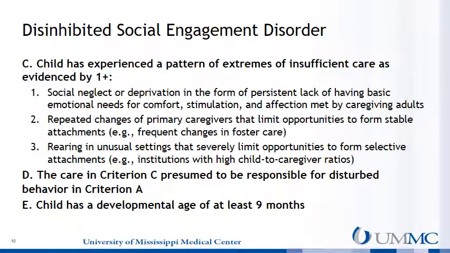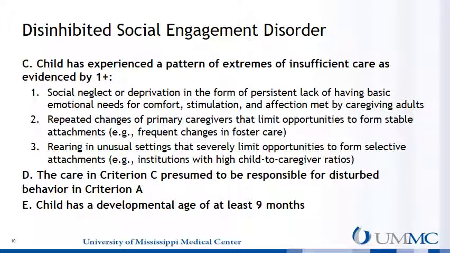Now, similar to reactive attachment disorder, disinhibited social engagement disorder is anchored to these extremes of insufficient care, and these are the same: the social neglect or deprivation in the form of persistent lack of having basic emotional needs for comfort, stimulation, and affection met by caregiving adults, repeated changes of primary caregivers that limit opportunities to form stable attachments, as well as rearing in unusual settings that severely limit opportunities to form selective attachments.